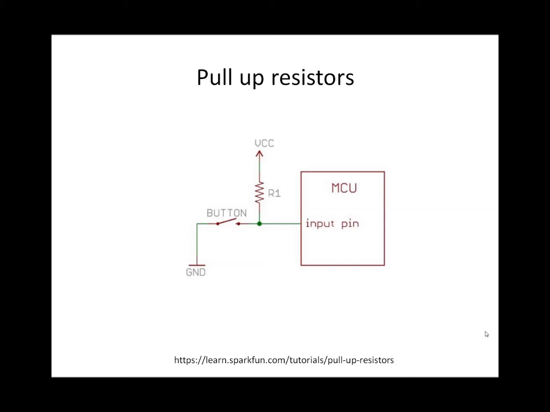What about the figure if it's pulled down? How will the figure look? Yeah, exactly. It's the ground, and here it will be maybe VCC or whatever. That's why it keeps reading 1. Do you got me? Okay.